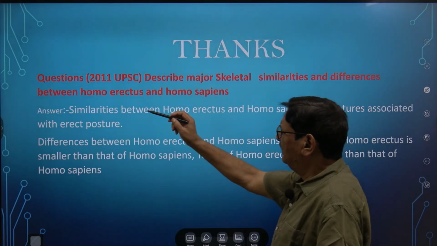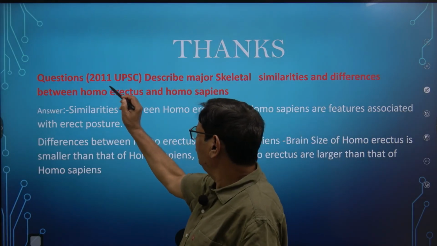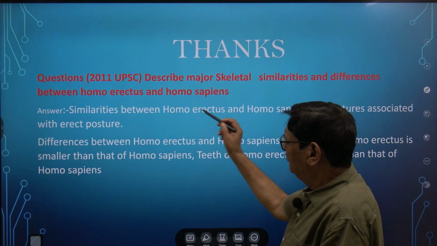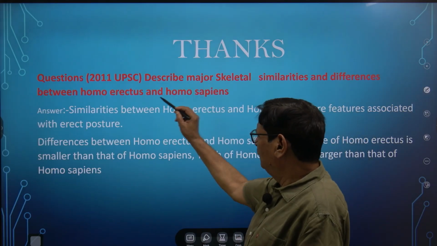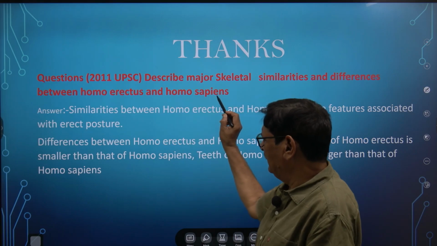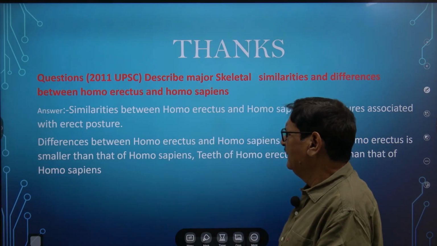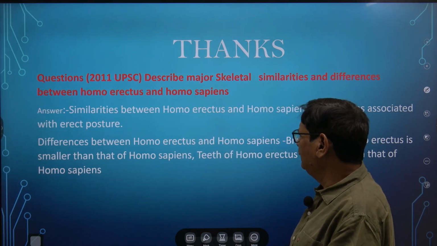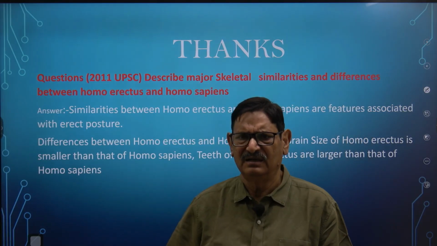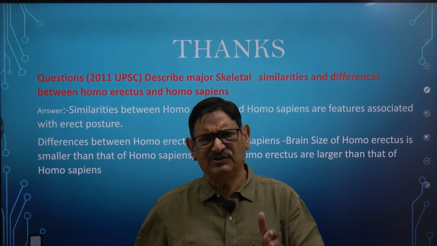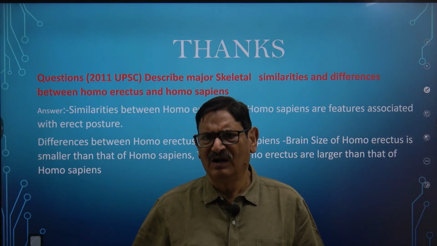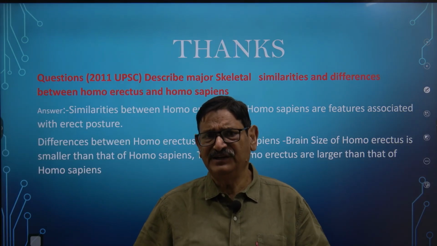The question is from 2011 UPSC: describe major skeletal similarities and differences between Homo erectus and Homo sapiens. Similarities: the erect posture that got completed in Homo erectus continued the same.